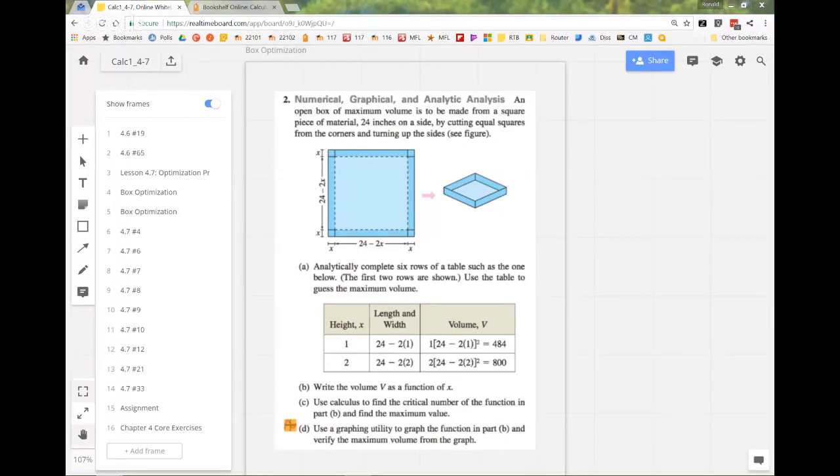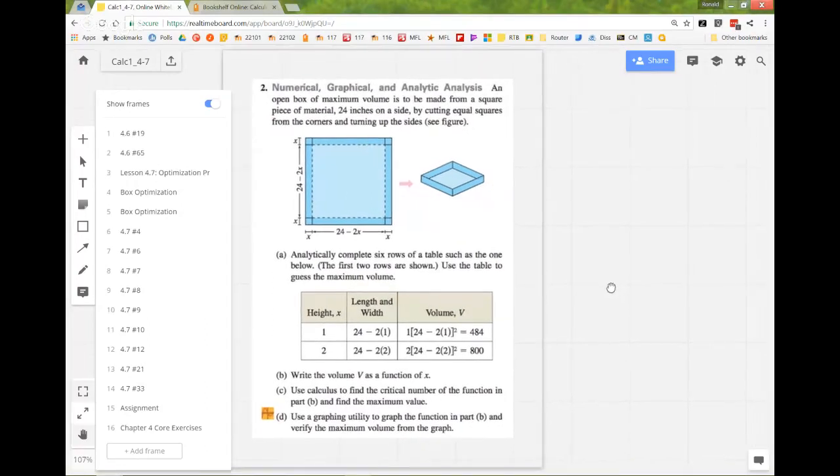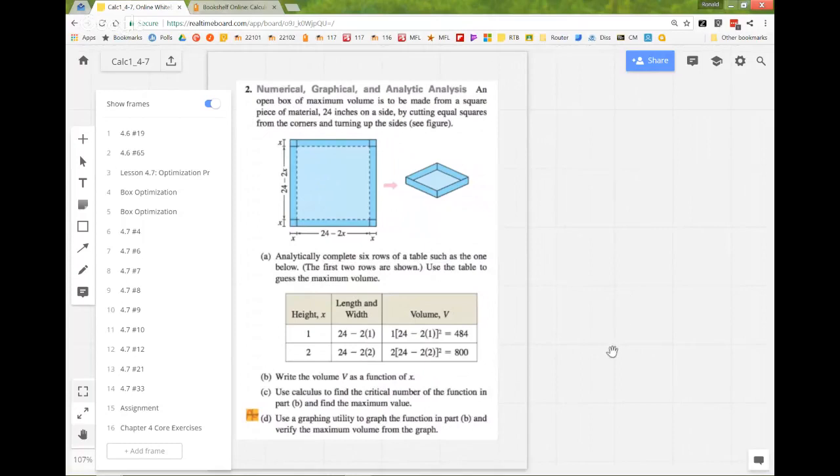All right. So that's the problem. So it's really a volume problem. And how do you find the volume of a box? Well, the volume of a box is what? Length times width times height. It's 3 dimensions.